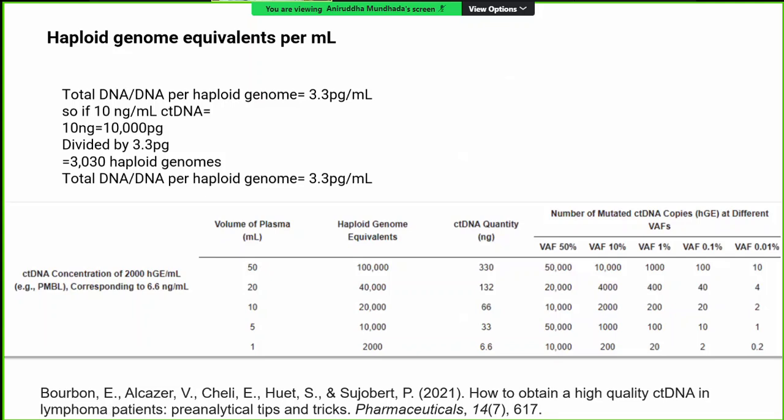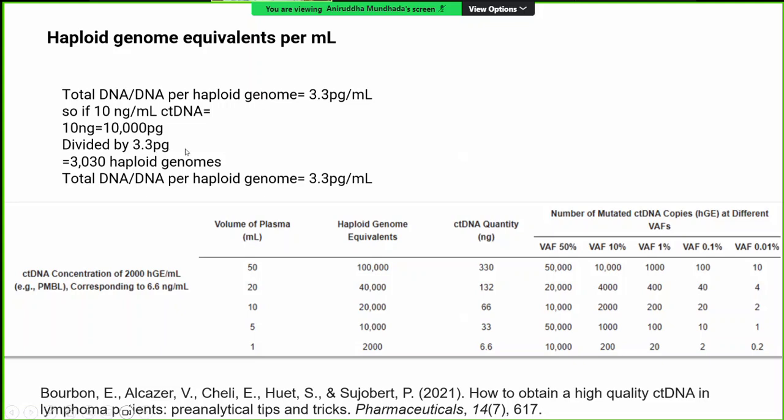Coming to another concept of how to measure ctDNA, we can say that it is haploid genome equivalent per ml. So the human genome is approximately 3.3 picogram per ml. And if we are calculating 10 picogram per ml ctDNA in a blood sample, it would be 10,000 picogram, which is present in that 10 ml.